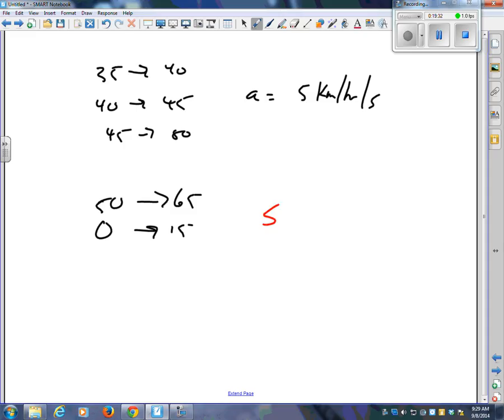It's 15 kilometers per hour in 5 seconds, so 3 kilometers per hour per second. It doesn't matter whether you're at rest or whether you're already going 50. Your acceleration is the same.